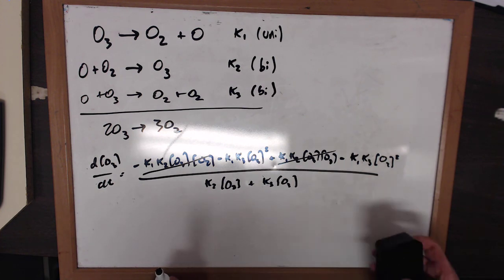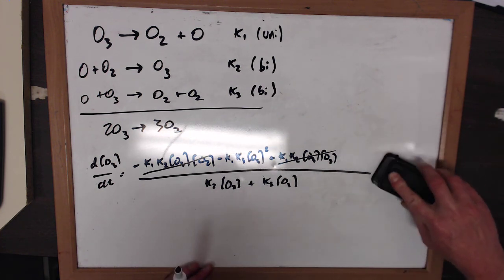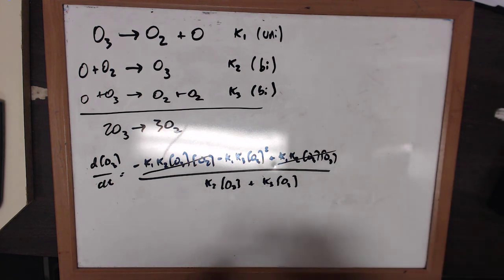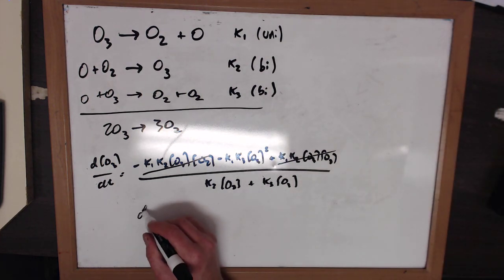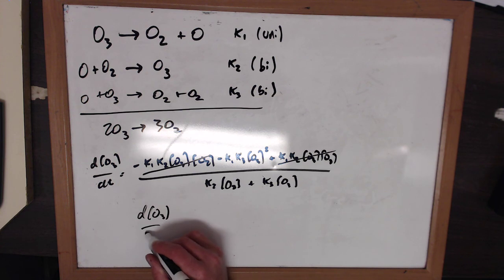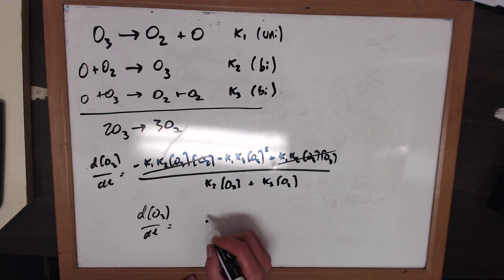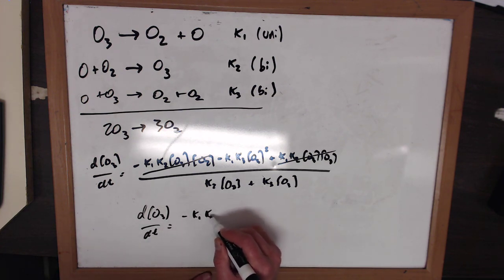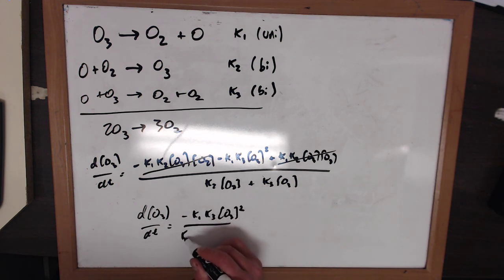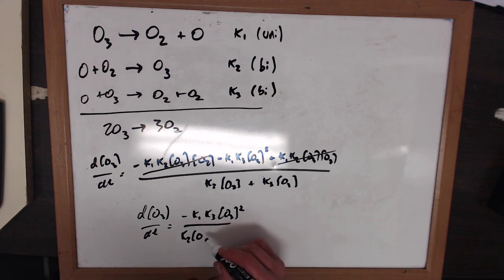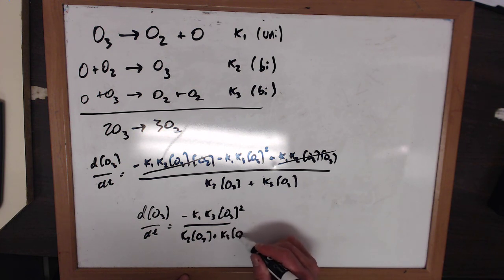Yes, I think that I did not need this extra step, so I should have paused the video and made sure that I had done everything correctly, because then when we do that, we come up with the answer that I gave you, which was minus K1 times K3 times O3 squared, all divided by K2 times O2 plus K3 times O3. That's a 2 down there.